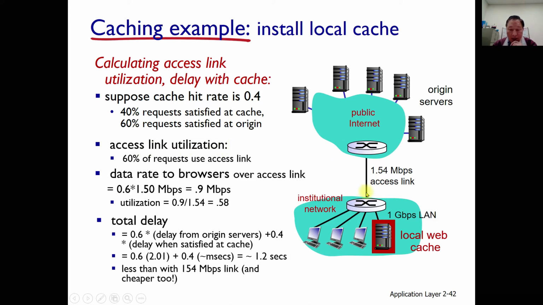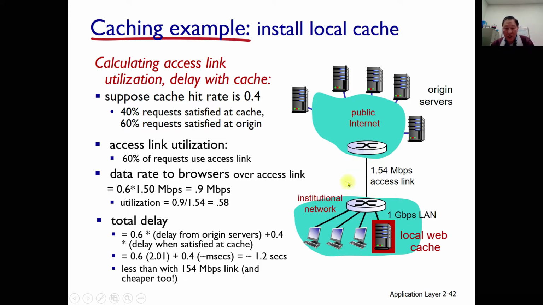Here the traffic is reduced because whole traffic 100%, 60% will go out, 40% will be here, because those 60% of requests are failures, they should go out.